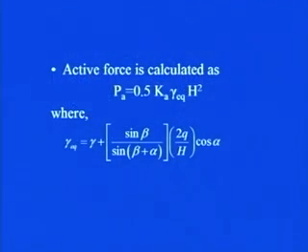So, you see here the active force is calculated as 0.5 Ka gamma Eq, that is equivalent unit weight into h square, where this equivalent unit weight can be determined by this expression, that is gamma plus this additional term. See, if this Q is 0, then this additional term will become 0.